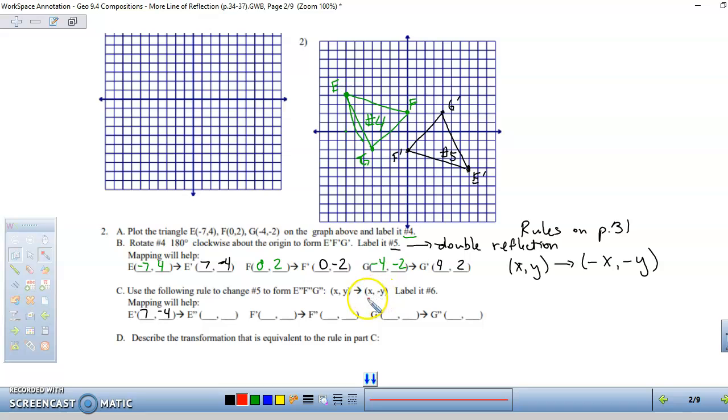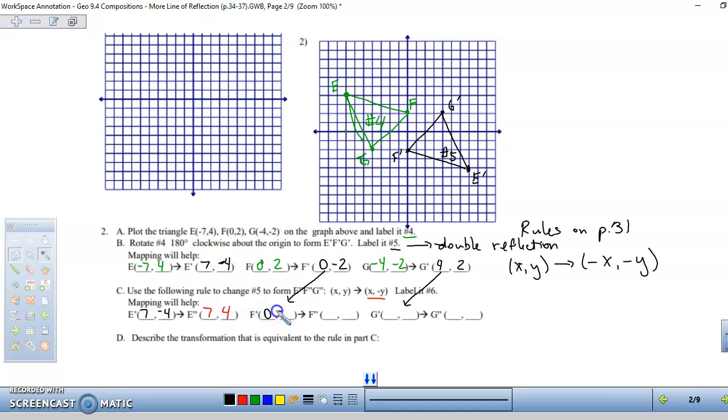And so I am simply going to apply this rule to this point. So I keep the 7 and I change just the Y. Okay, so again, just be careful. You are taking this point and this point, but fill in the mapping here. So pause and do that.